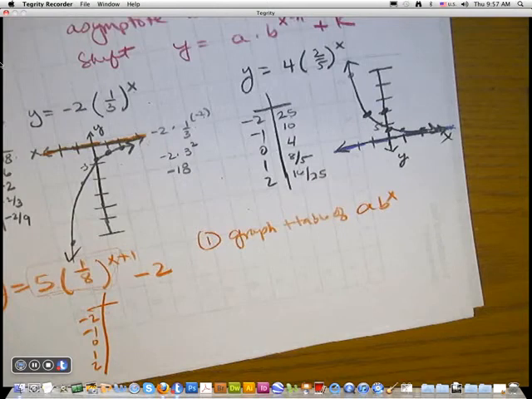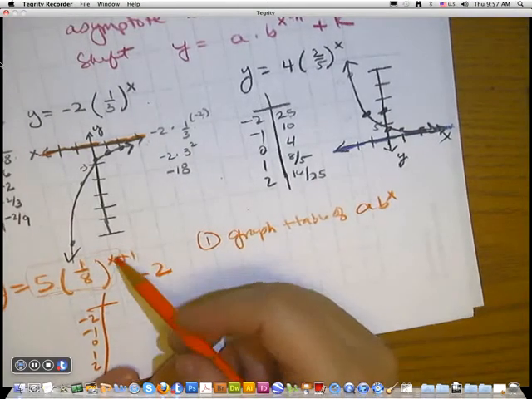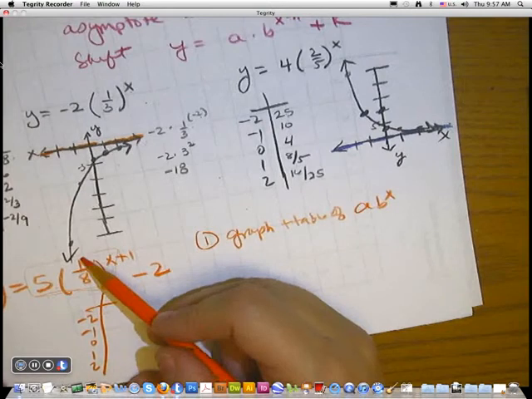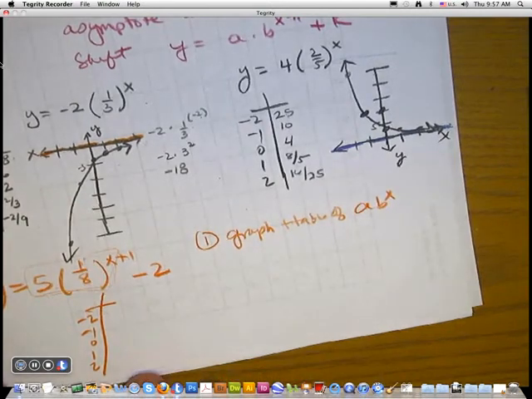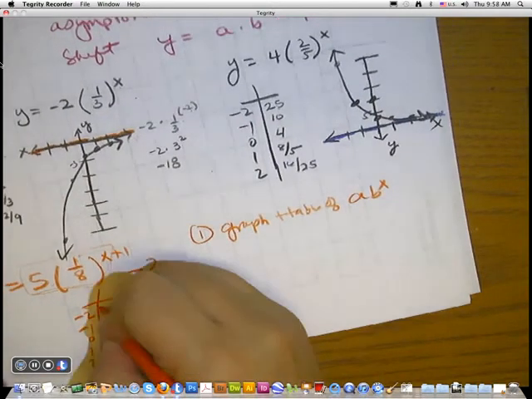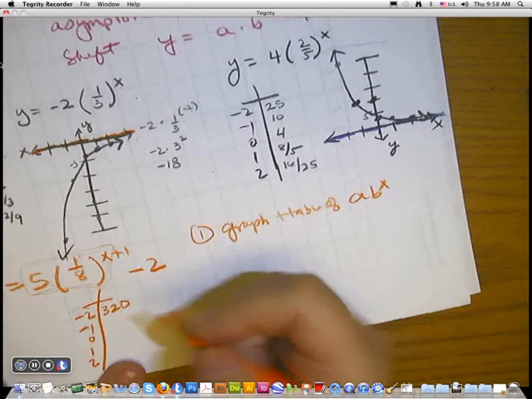So when I plug in a negative 2, it crosses the line and changes the sign. So I'm going to get a pretty large number of 320.